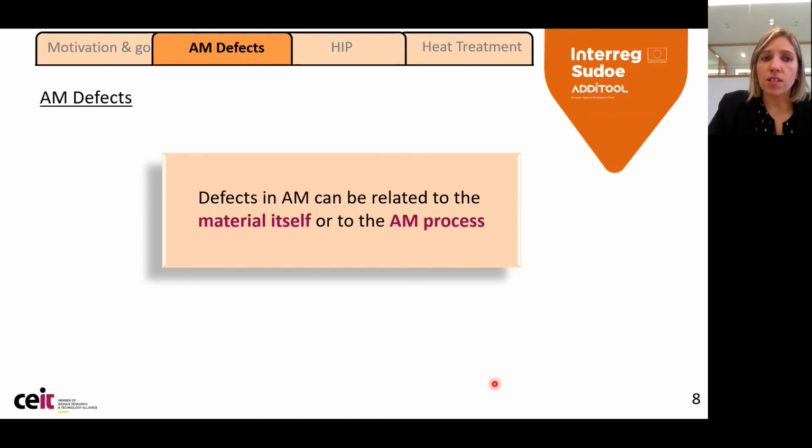So, talking about the defects, we can say that in AM, basically, the defects can be separated into two types: ones that are directly related to the material itself, and on the other side, AM process problems or those caused by choosing incorrect process parameters.